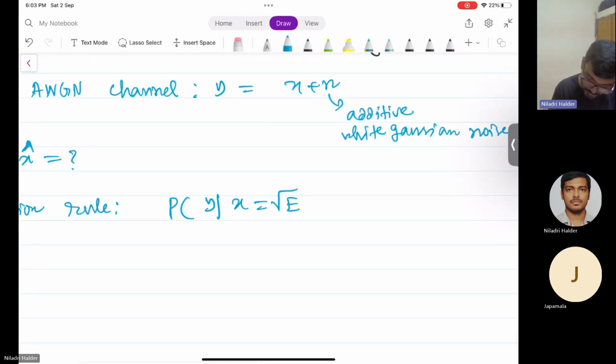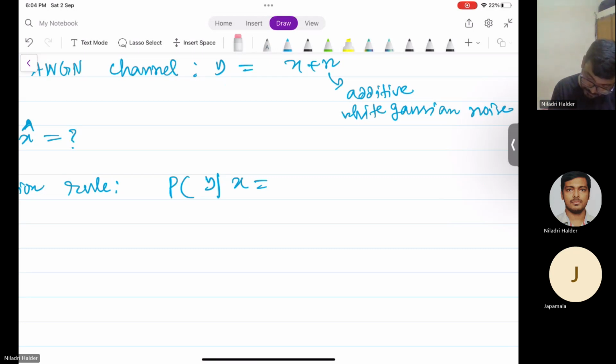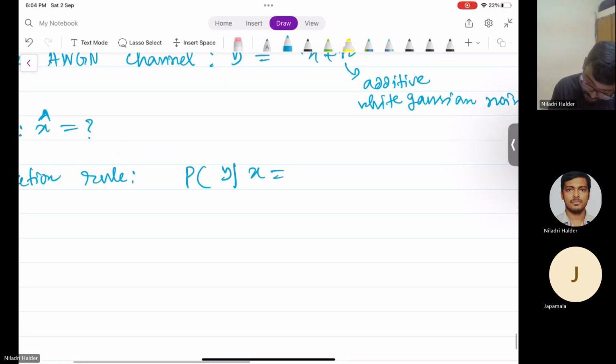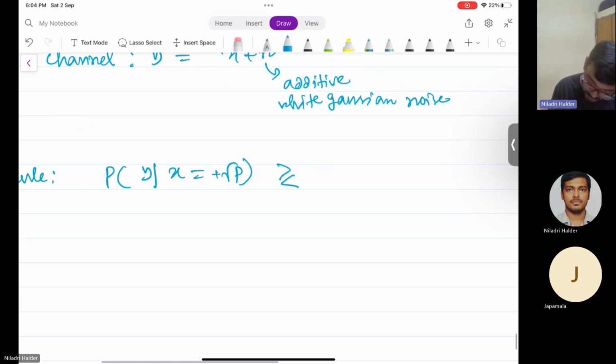Okay, so that means this, plus root P, within the real detection rule.